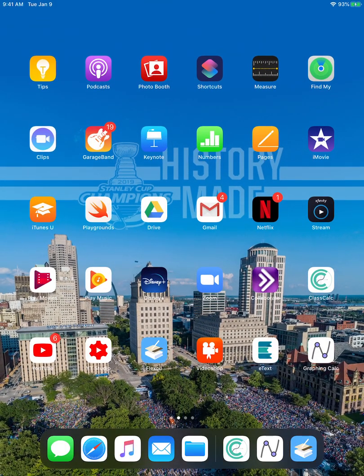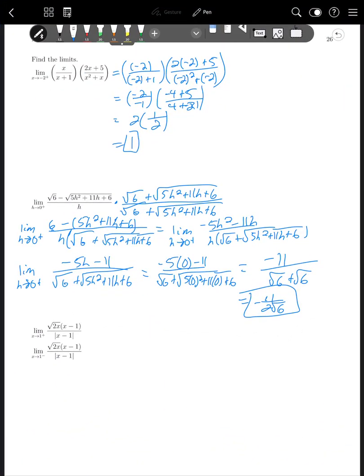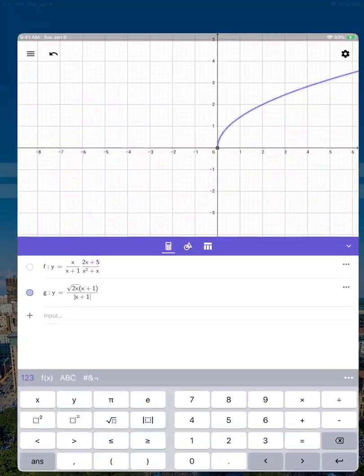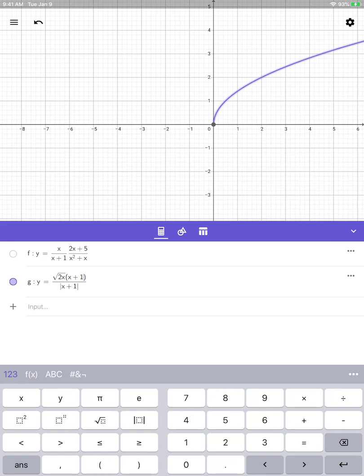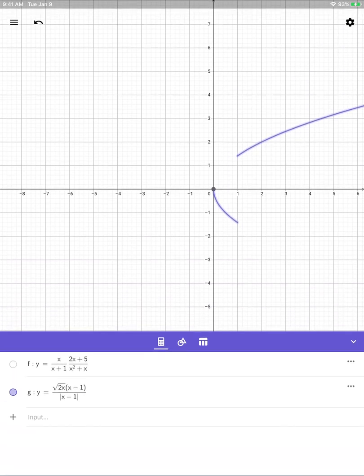Oh, except I did plus 1. Sorry, that's why this one's not working. I typed it in wrong. So let's do minus 1, like it's supposed to be. And then hopefully, okay, it'll do it. Okay, so here's a good example of how this graph actually works.